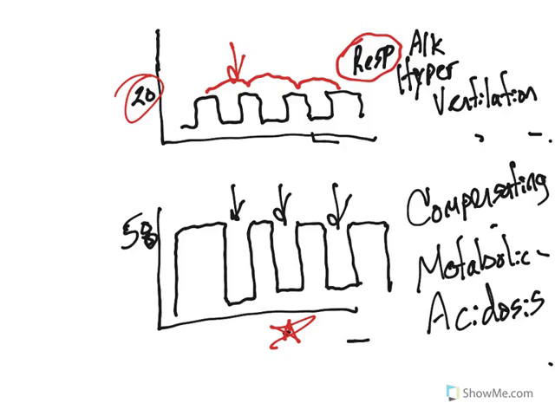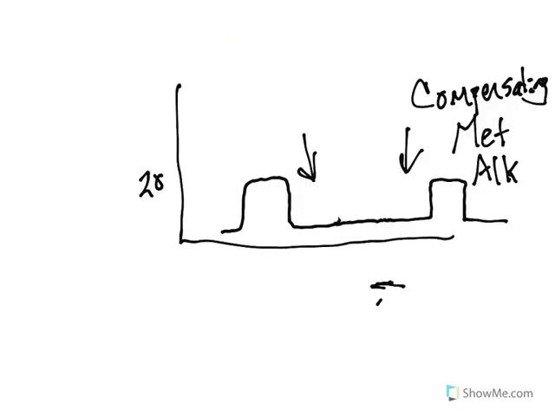And that's going to tell me my patient is in respiratory alkalosis, okay? So that's kind of the difference between respiratory alkalosis and metabolic alkalosis, and respiratory acidosis and metabolic acidosis, and what you see especially when the patient is compensating, okay?